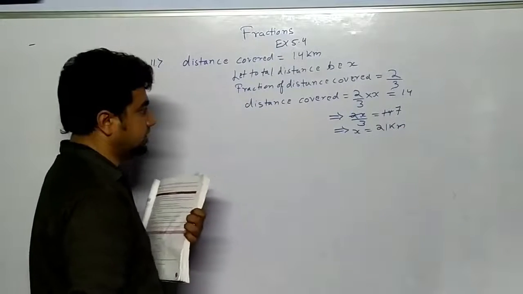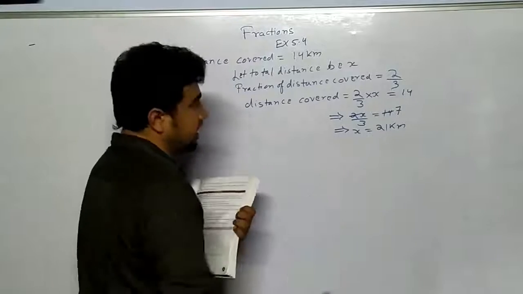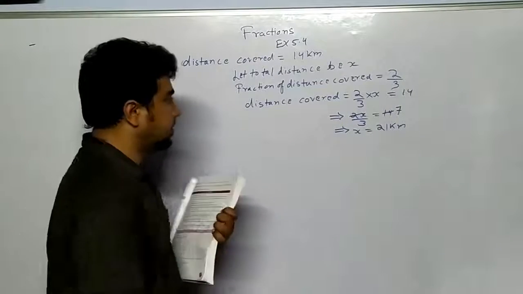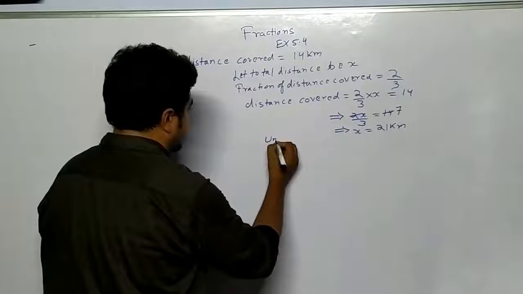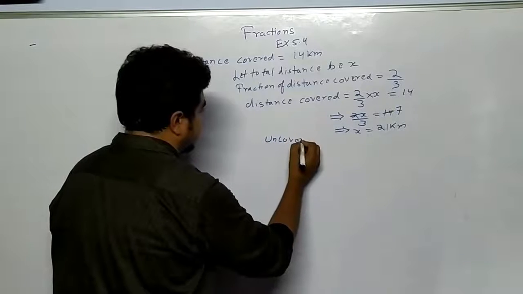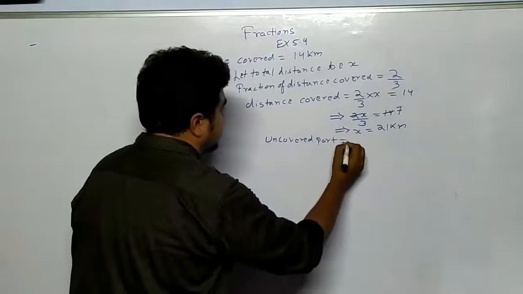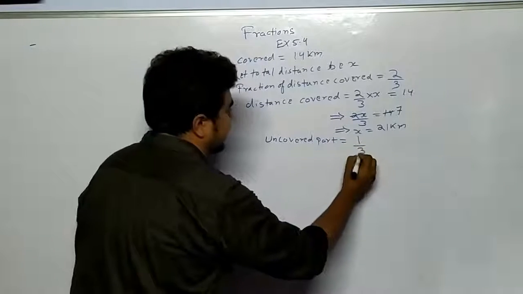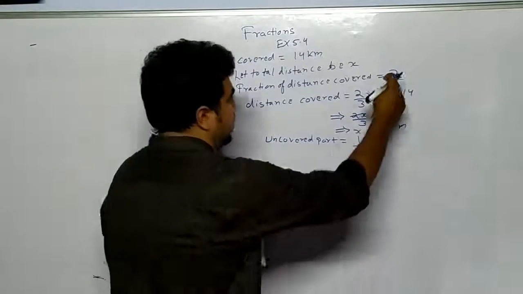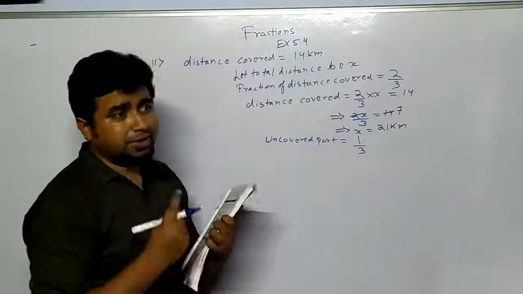And now from here, you have to find the uncovered part, or left part, which will be equal to 1 by 3. As I stated, how to find it? The total is 1, the complete part is 1.